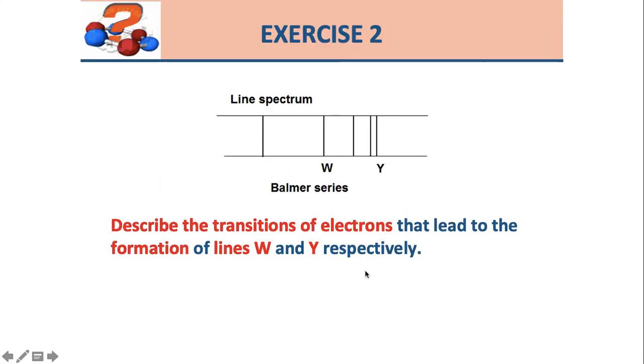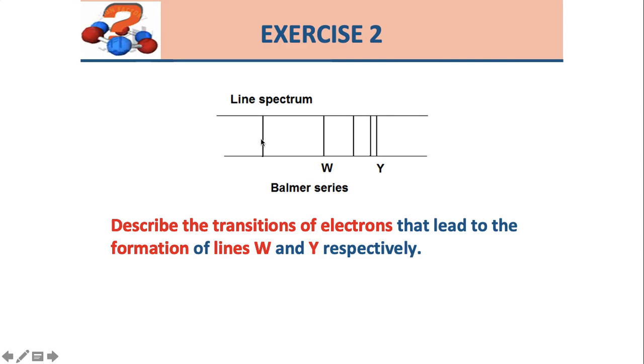Describe the transition of electrons that lead to the formation of lines W and Y respectively. To answer this question, you must know how to read the line spectrum. This is the line spectrum for the Balmer series. In the Balmer series, the ground state of the electron is at n equal to 2.